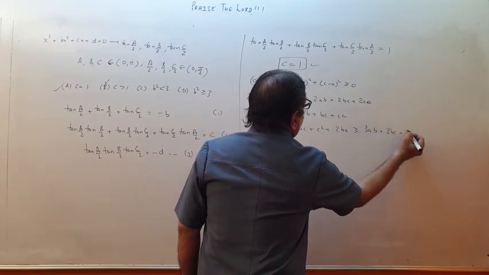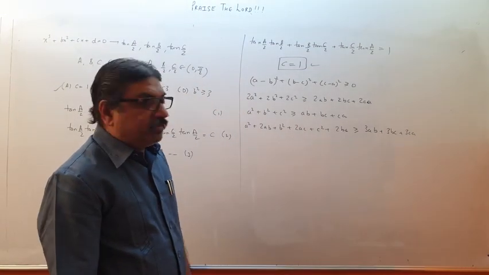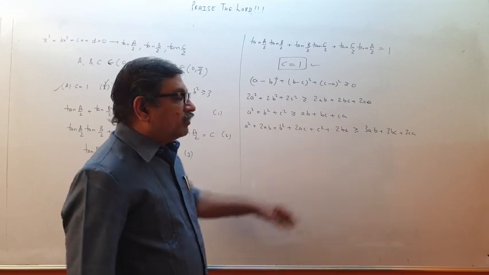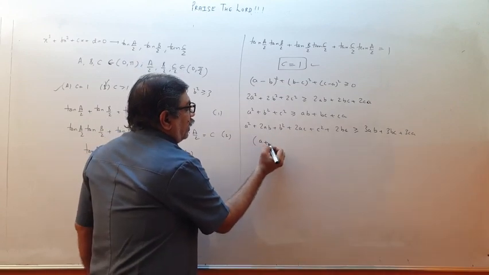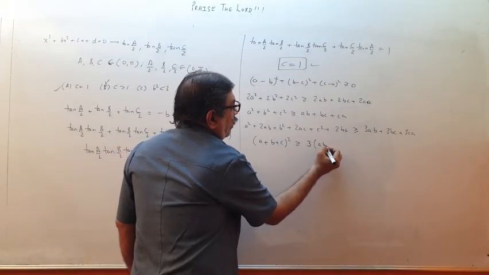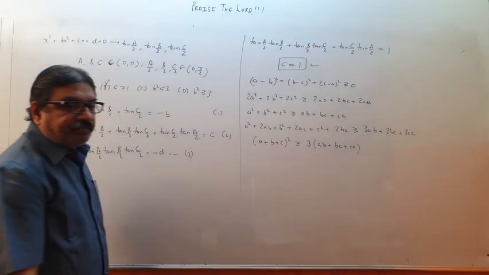I have added 2ab, 2bc, 2ca on both the sides. So (a plus b plus c) whole square is greater than or equal to 3 times (ab plus bc plus ca). This we get.